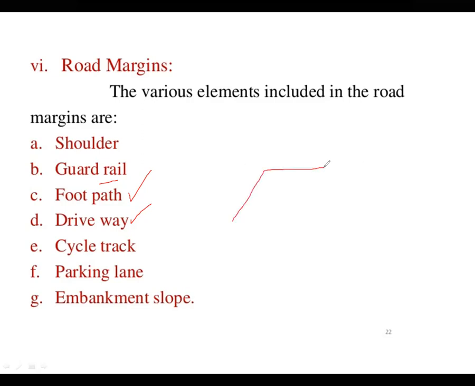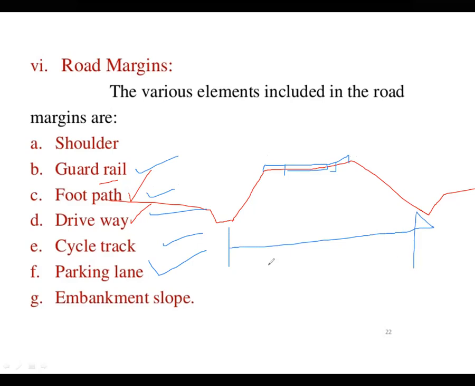Whenever you look here, you could see that the carriageway is here. The remaining horizontal distance is for the guardrail, footpath, shoulder, driveway, cycle track, and parking lane.